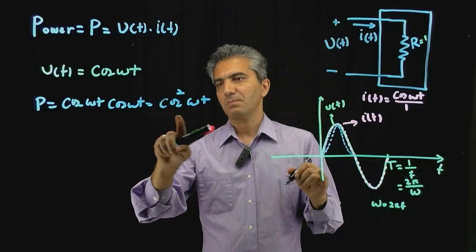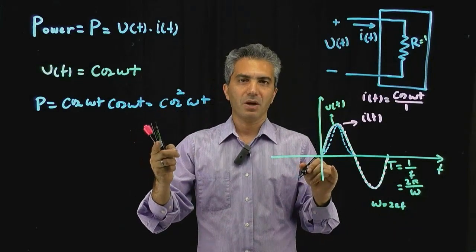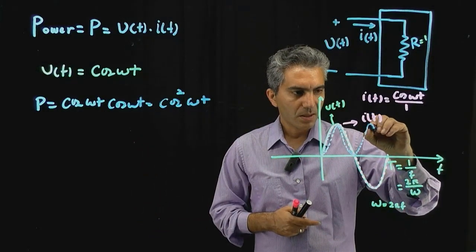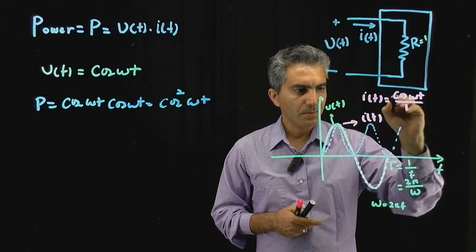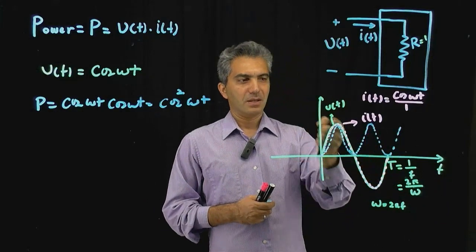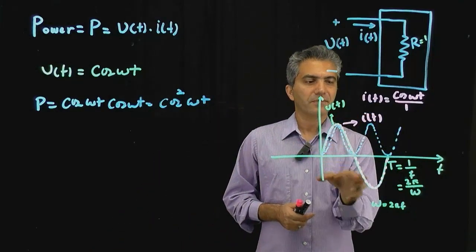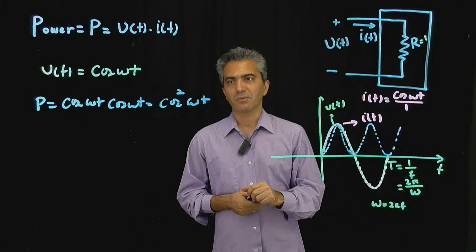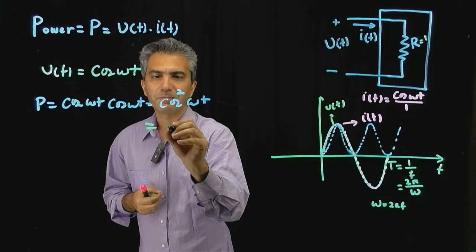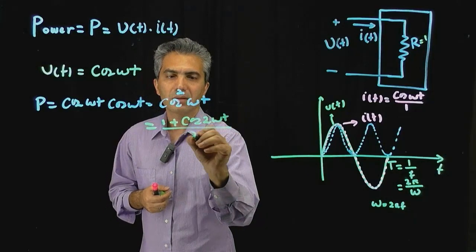You can see that cosine squared of omega t is always a positive number. So this comes down, becomes 0, and then goes back up, and then comes back down, and then goes back up. So it's still changing in a sinusoidal way, but obviously different from the way that the voltage and current individually were behaving. You can actually turn this into (1 plus cosine of 2 omega t) divided by 2.